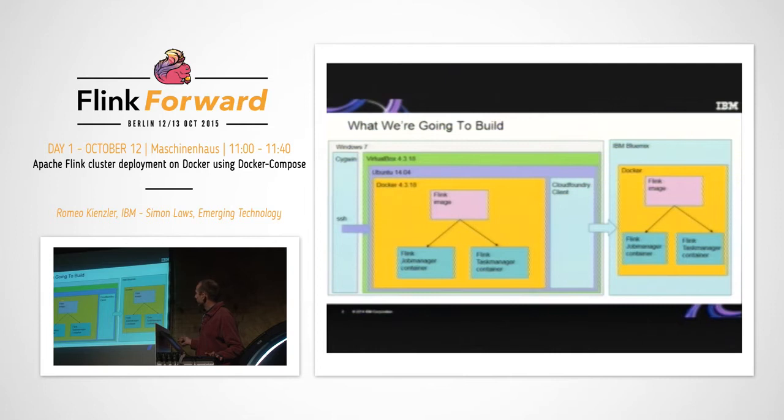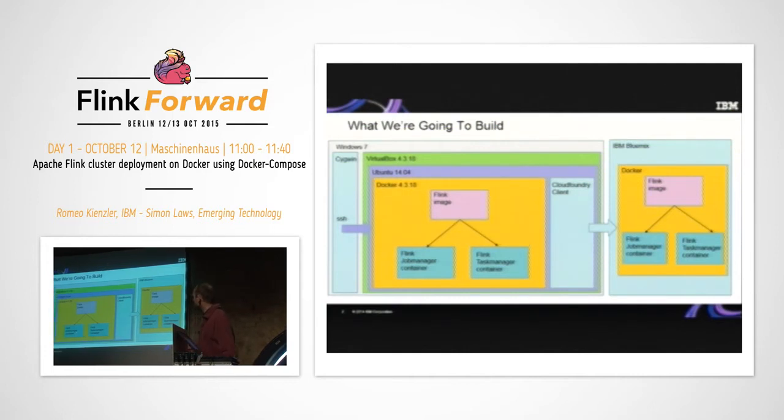And then inside of Docker, I have some Flink images, which the development community produced. And then I've got a Flink job manager and a Flink task manager. If you're familiar with Flink, you'll know what those are. We'll come to those in a moment. This allows me to run a Flink cluster locally on my laptop, and to access this, I'm just SSHing in from Cygwin.